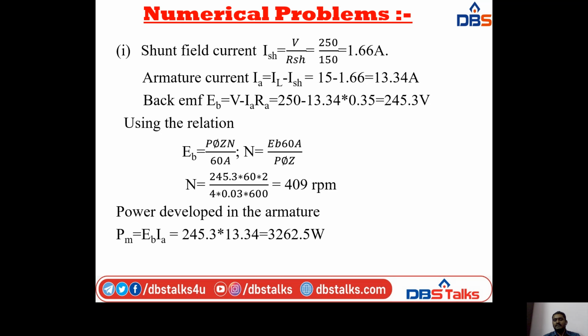After solving this equation we have 409 rpm as the speed of the DC shunt motor.